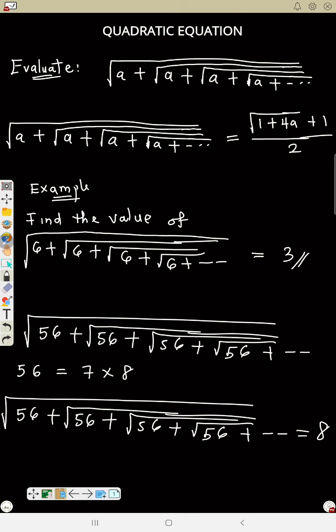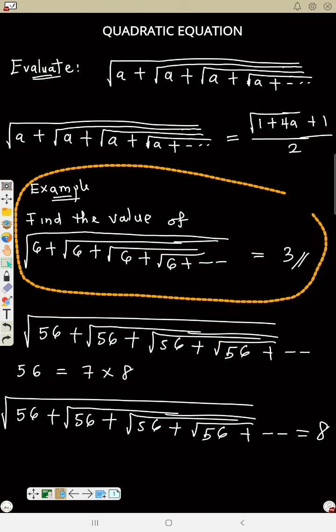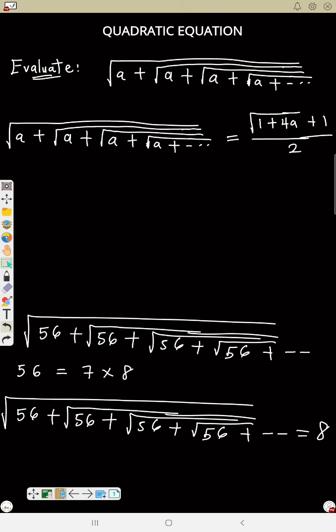So let's use the formula also. A is equal to 56. So I'll have the square root of 1 plus 4a, that will be 56, divided by 2, plus 1.